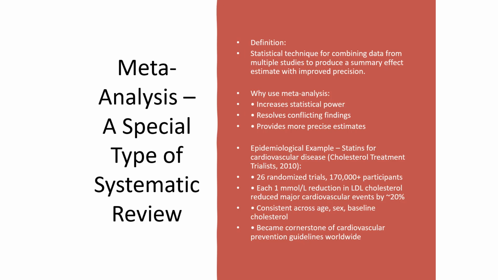First, individual studies often have low statistical power. They can't detect small but important effects. Combining them increases the power. And second, when studies seem to conflict, meta-analysis can resolve the apparent contradiction by showing the overall pattern.